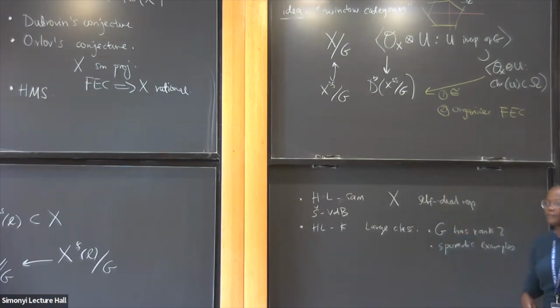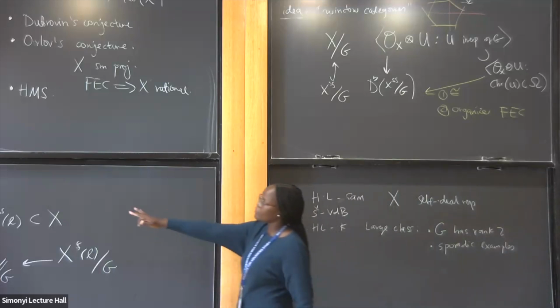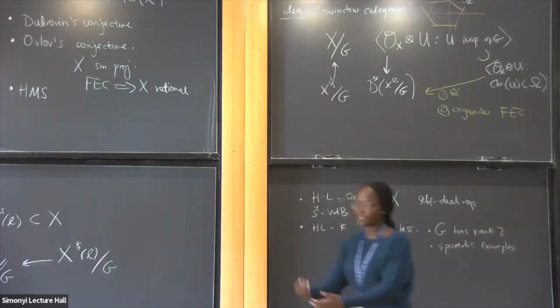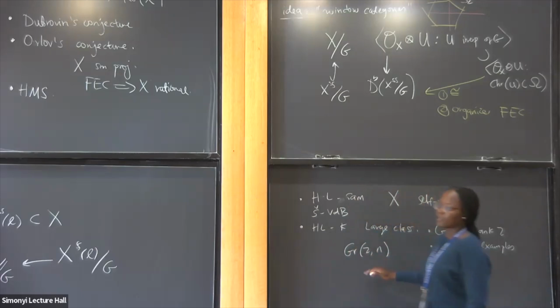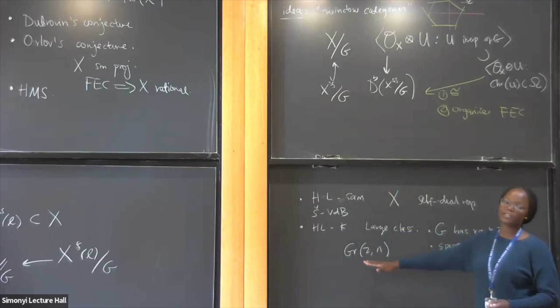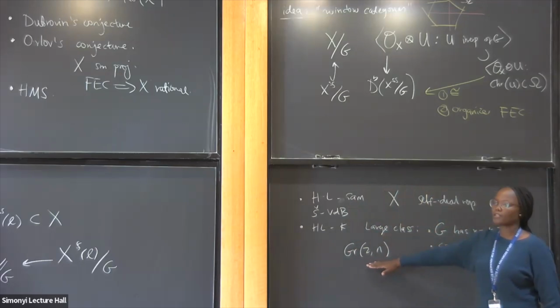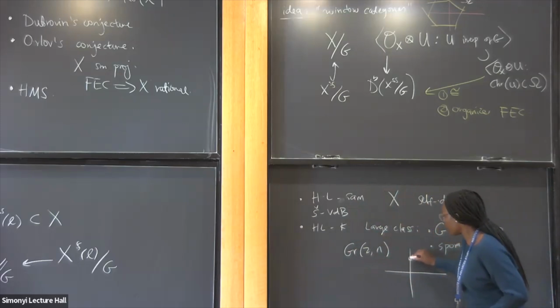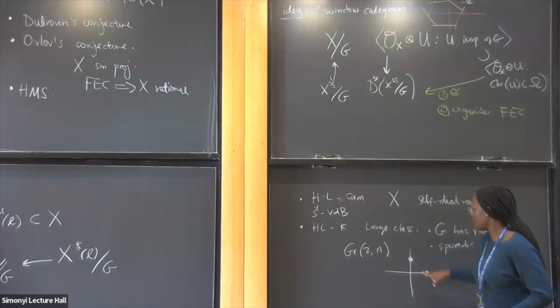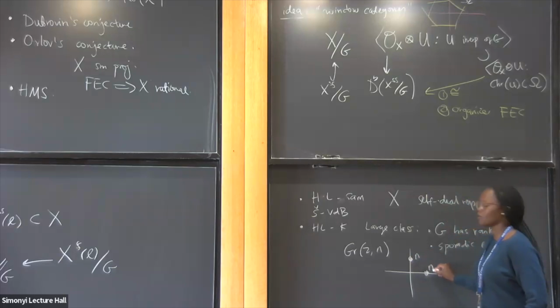Can you tell some example in rank 2 which you get? Oh, so Kapranov already showed it for Grassmannians, but you could produce a new class with this technique. So take the Grassmannian G(2,n) as a GIT quotient, where X is 2 by n matrices. The semi-stable locus is the full rank ones. If you look at the weight space, the weights of this representation are the weights of the standard representation of GL2, and you have n copies of them.